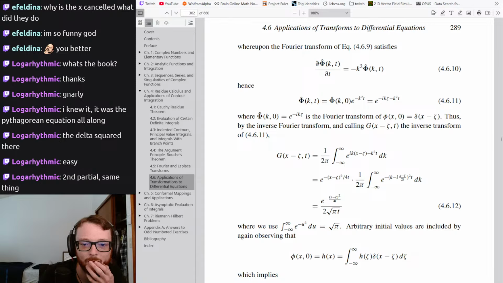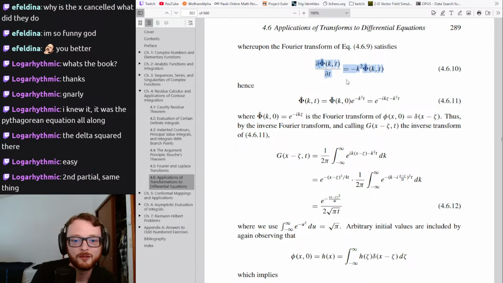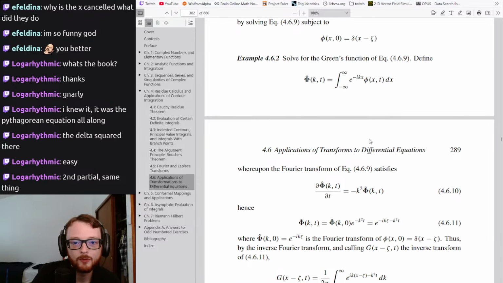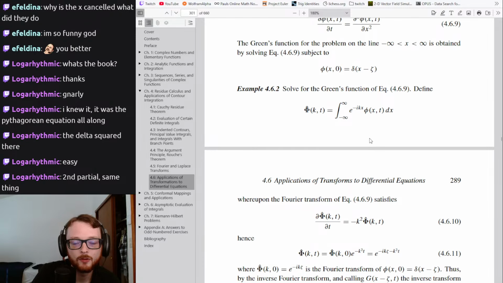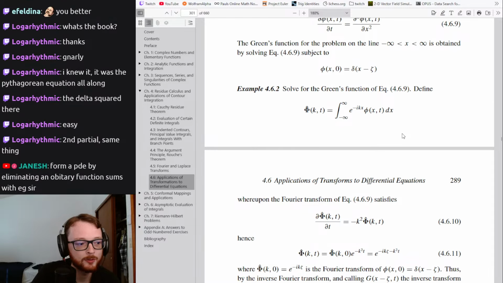No. Okay, this is an ODE now. Yeah. A first order ODE at that. And they already plugged in the initial condition. And then why is it phi hat of k, 0? They're explaining that here. It's a Fourier transform. Okay, for our boundary condition.